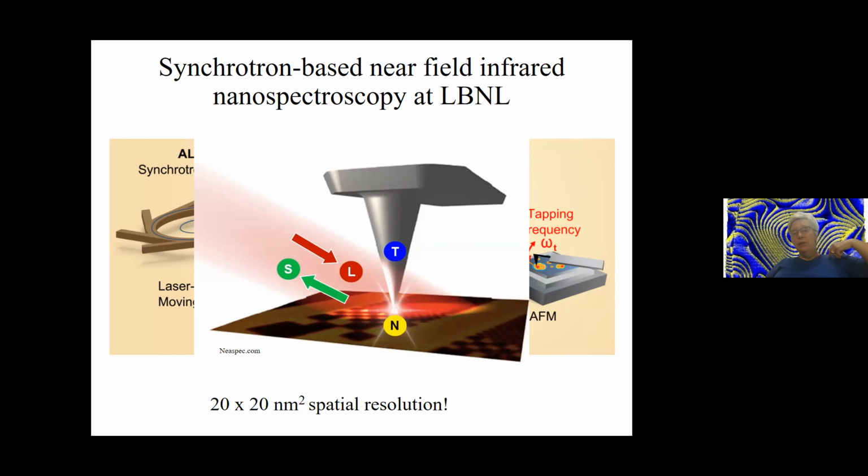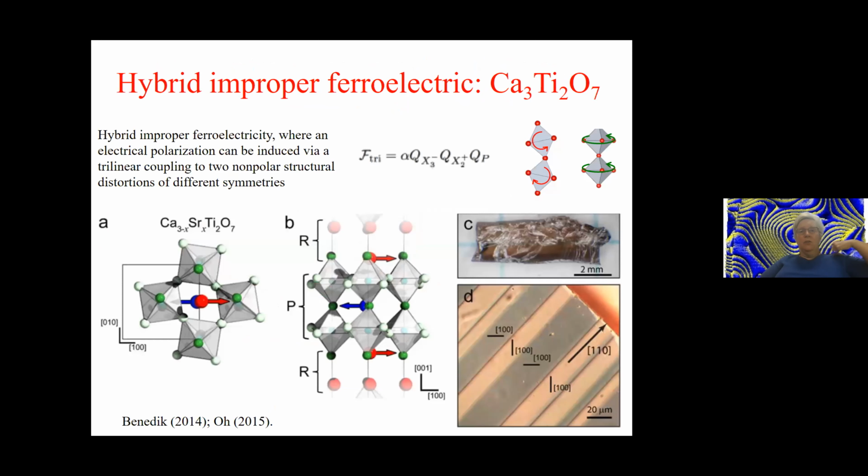And this particular case is quite remarkable. We have actually 20 by 20 nanometers squared spatial resolution, which is perfect for having a look at domain walls.